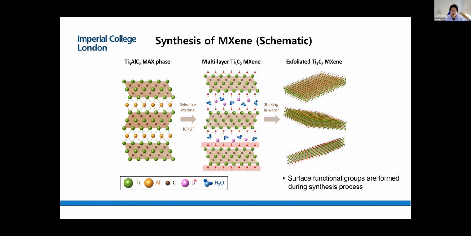Once we involve lithium cation intercalation, this lithium is positively charged, and the surface of MXene is negatively charged. This involves the dipolar water molecules being intercalated together into the multilayer system, so we can exfoliate the MXene by repeated washing in water and also centrifugation.